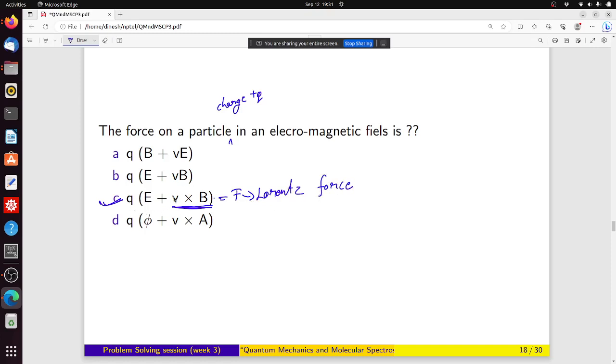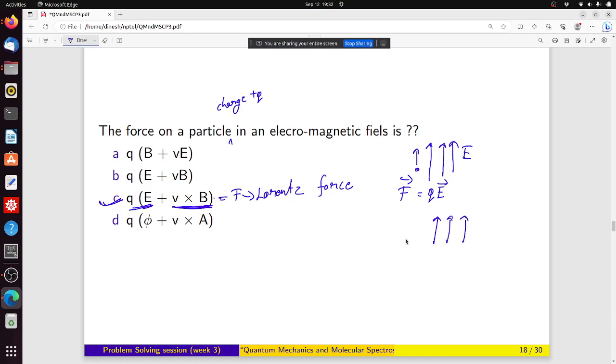See, in presence of electromagnetic field, this electric field directly adds to the force, depending on the charge of the particle. If there is a uniform electric field, the force will be simply QE, so it will move along the direction of E. But in presence of this magnetic field B, it does not depend only on charge.